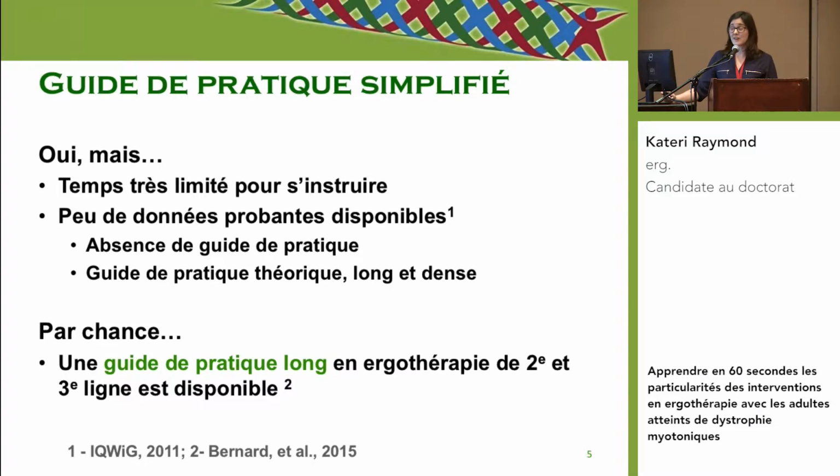There are also few available evidence-based data, and the data we could find might have low quality. For example, you could have access to descriptive studies, exploratory studies, but it's hard to find randomized clinical trials that give a strong value to an intervention.